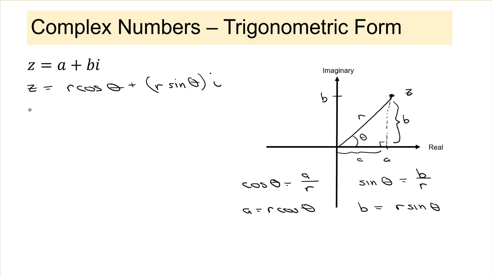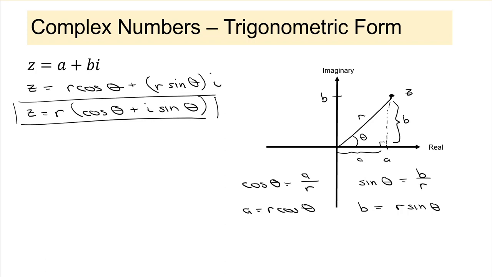And now all I'm going to do is factor out the r. So I have r times the quantity cosine theta plus, now I'm going to put my i in front of the sine theta, it's just a little less confusing that way, i sine theta. And there we have our trigonometric form for a complex number.